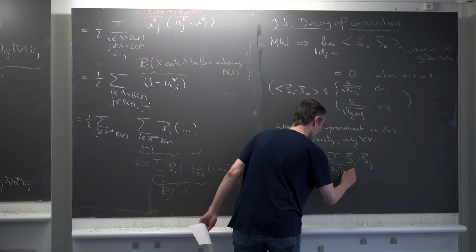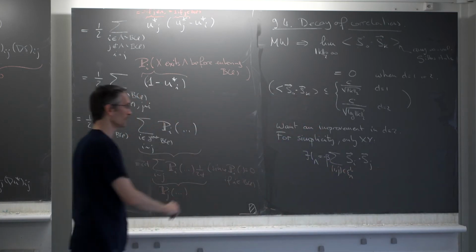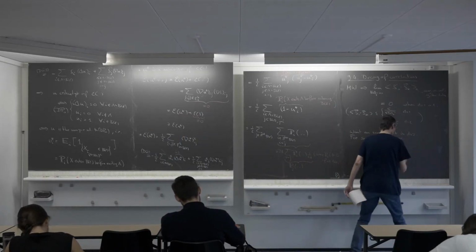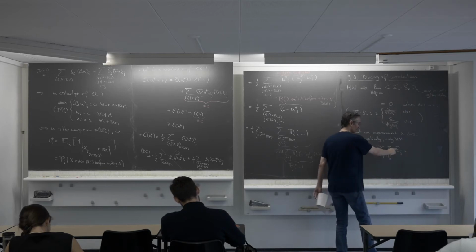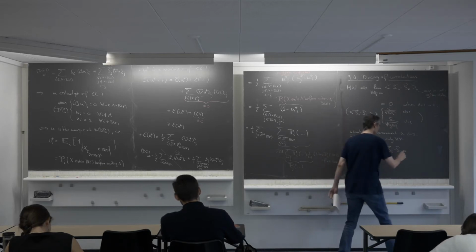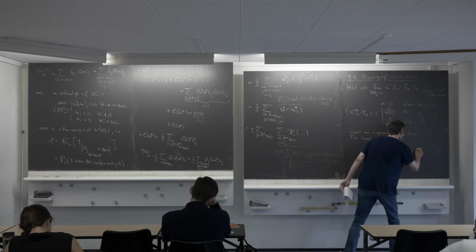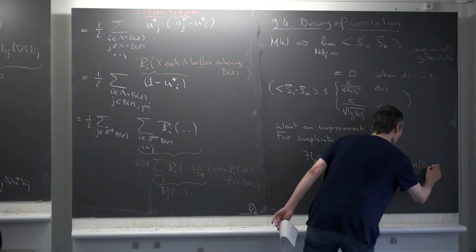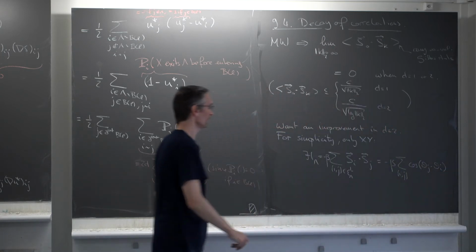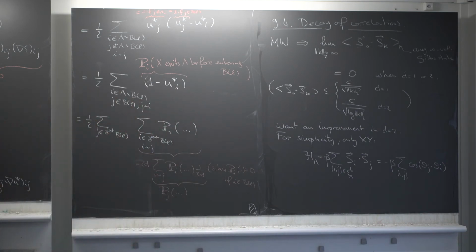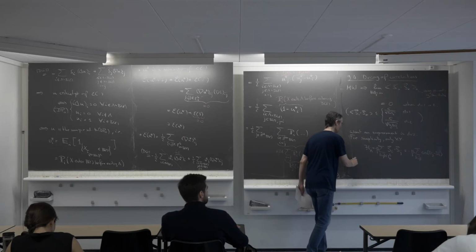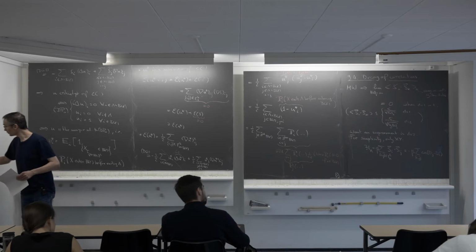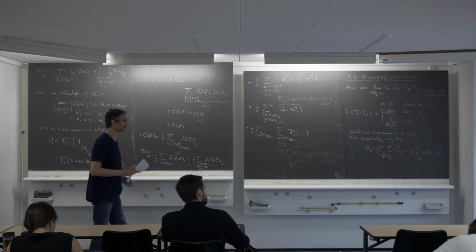As usual, since these are two-dimensional spins, I can parameterize them by the angle. So this is also minus beta, sum over all ij, as before, of cosine of theta_j minus theta_i. So we work with this model, and I want to prove something much better than this 1 over root log decay. So we make a break, and then I will explain how you do that.